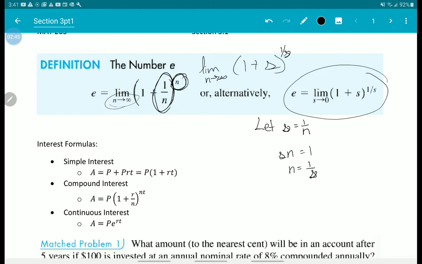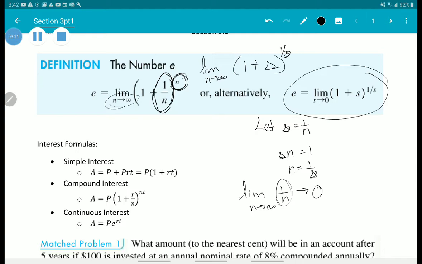If you think about what happens as n goes to infinity, this is going to tell us where s would have to go. As n gets larger and larger, this whole fraction is getting smaller and smaller, which means it's approaching 0.